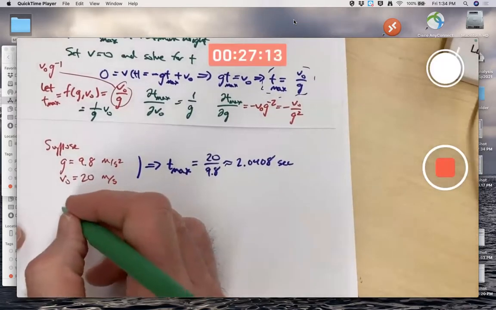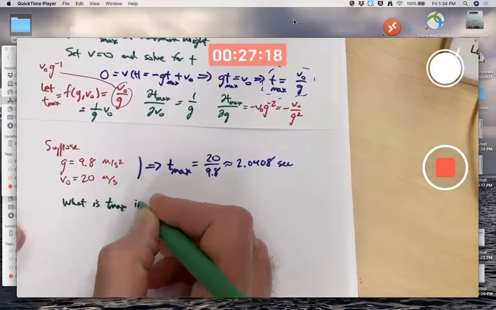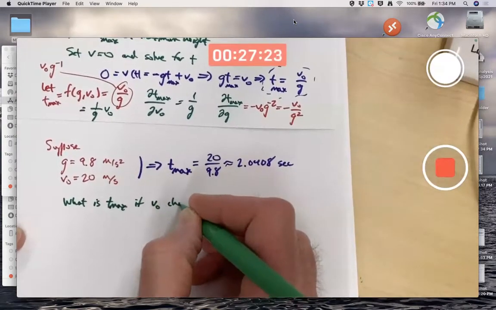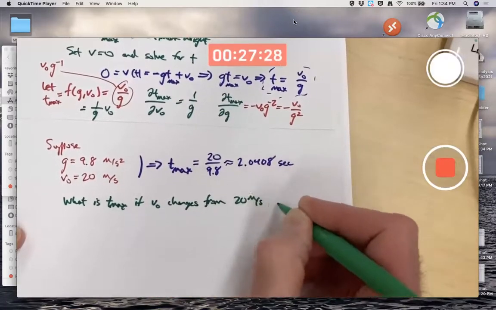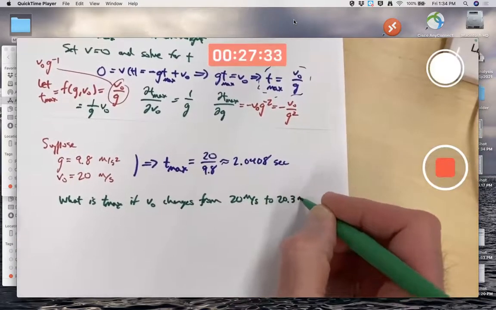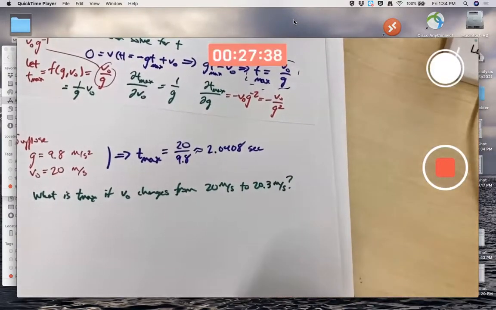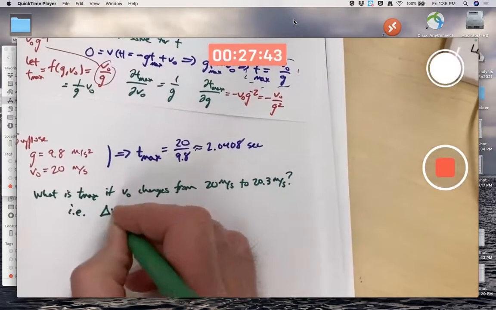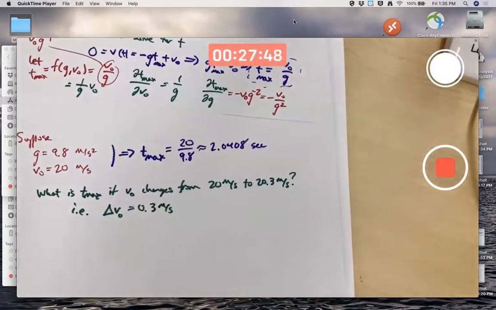What is t_max if, say, V0 changes from 20 meters per second to 20.3 meters per second? That is, delta V0 is 0.3 meters per second, the change in the initial velocity.